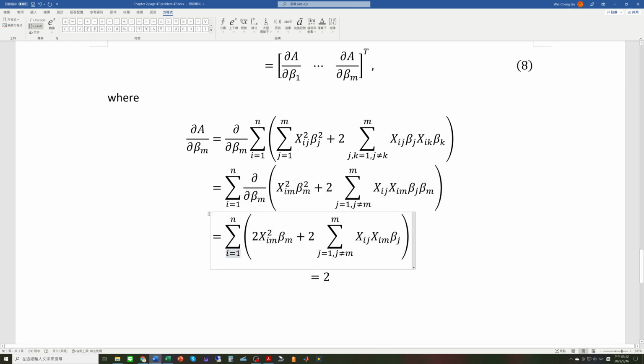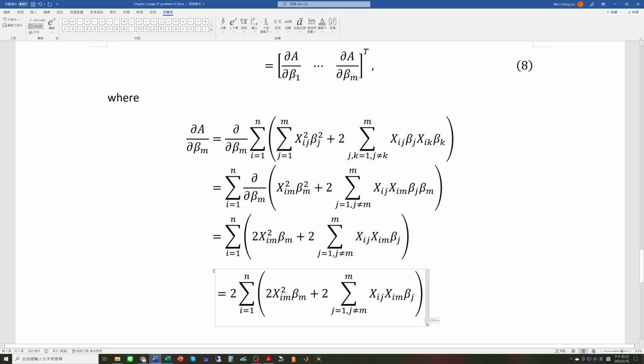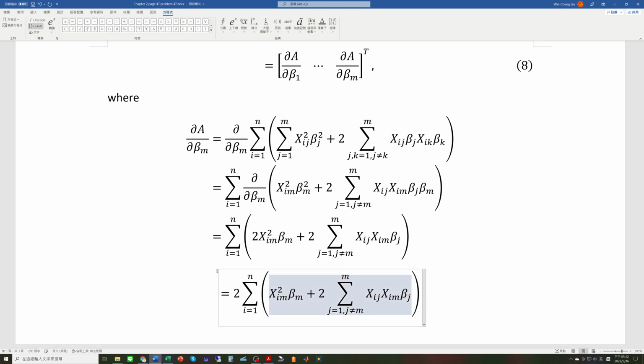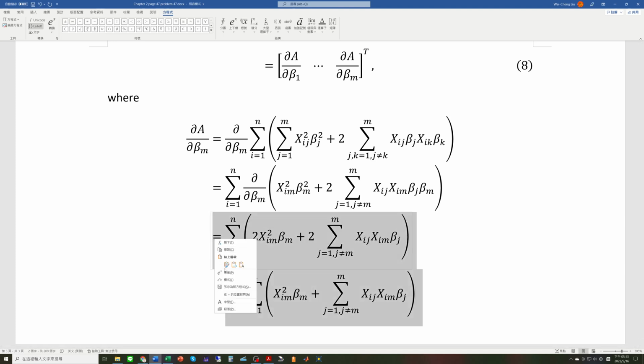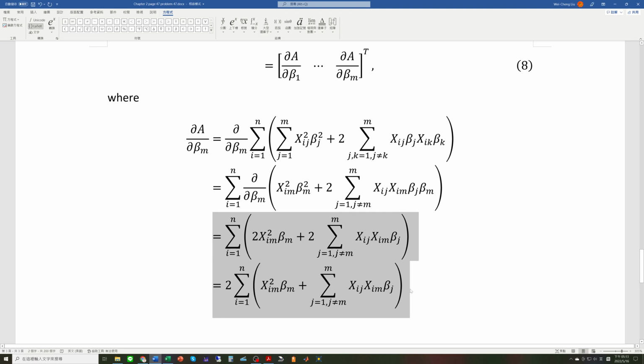So we have the summation, this term, and we can delete 2 here and delete 2 here. Let me align again, at the equality sign.